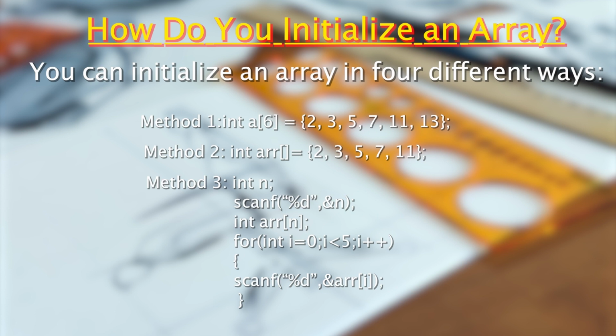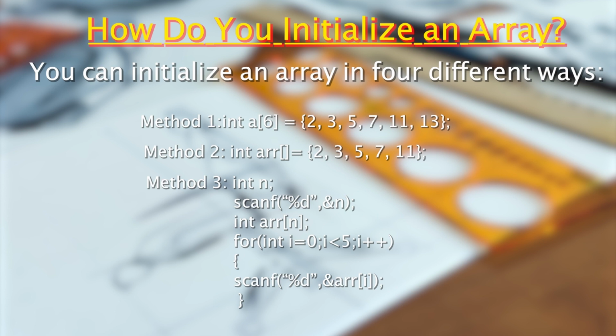Integer n, scanf with %d and the address, and we pass a loop like that. In the for loop, inside the brackets, integer i starts from 0, i is less than 6, and i plus plus. Here I store 6 values.